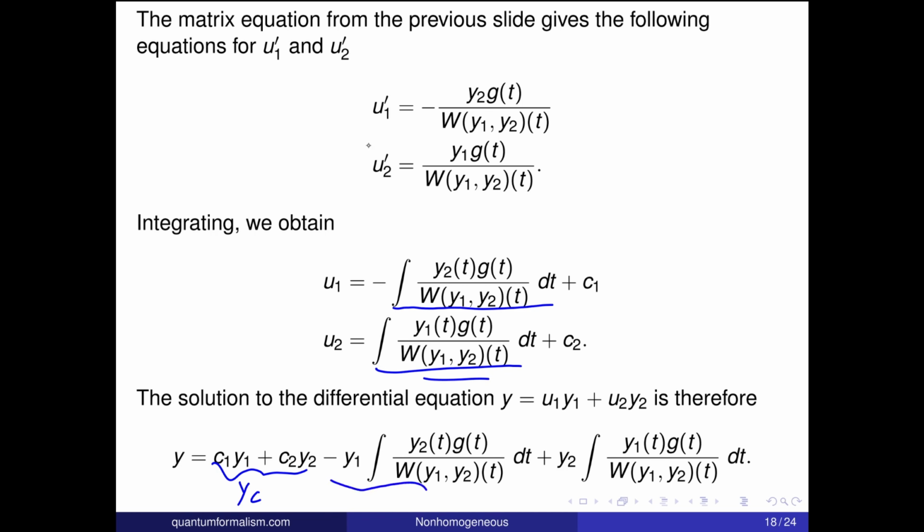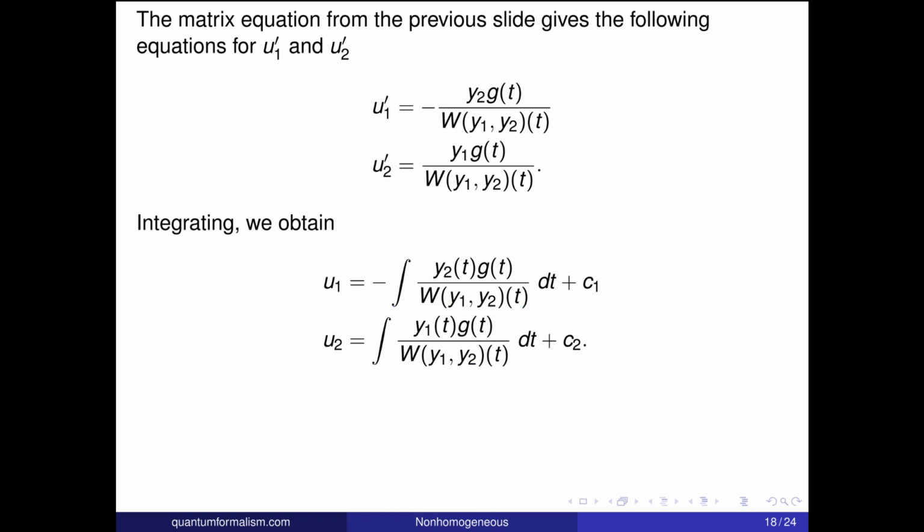So this thing would be some particular solution if you choose some explicit antiderivatives for these two integrals, and then we have this complementary homogeneous solution showing up, and so that gives us the full general solution. So even though we weren't trying to get it, we did actually end up with that full general solution. All right, so that was convenient.